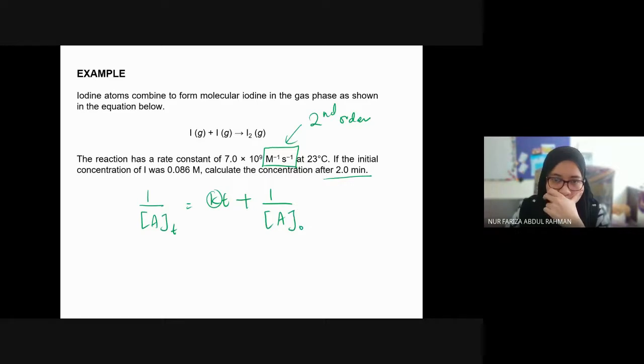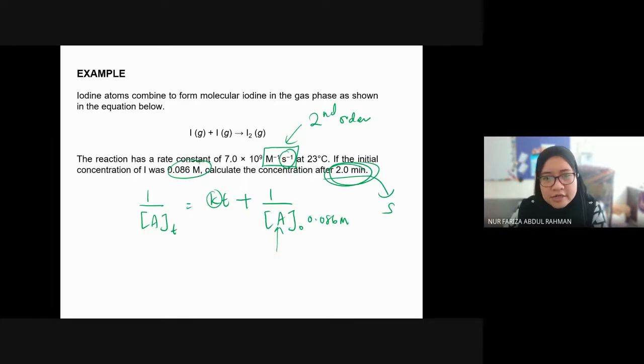Okay? If the initial concentration of I was 0.086, ni apa masalahnya? Ini boleh masuk je lah. Ni kan the initial concentration. So you can insert into this 0.086 molar. Don't forget the 2 minute you have to change into second because why? We have the unit for rate constant in second. Okay?